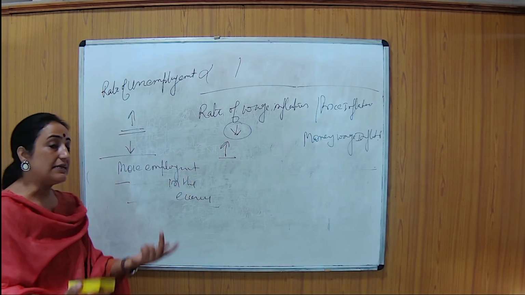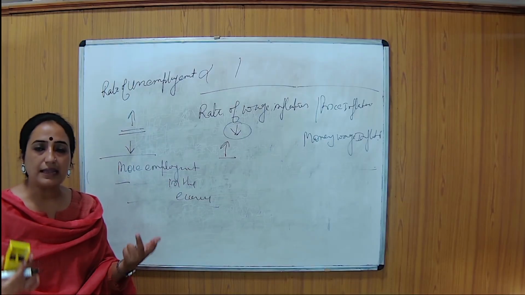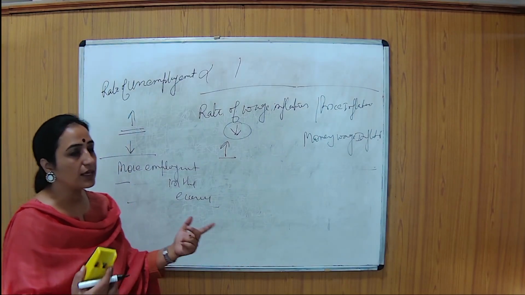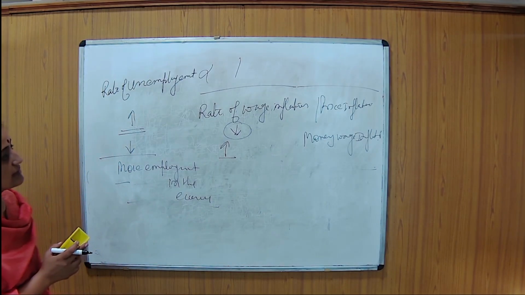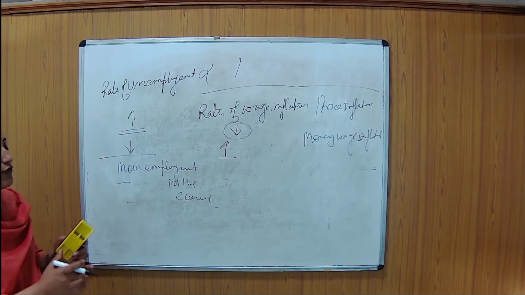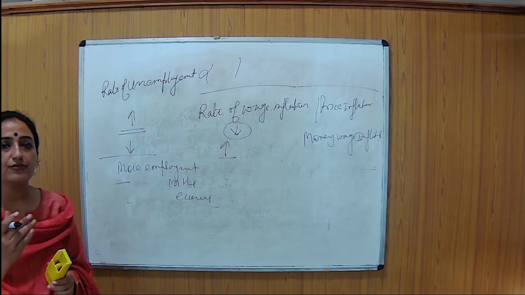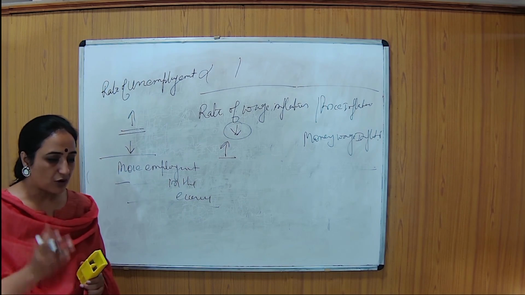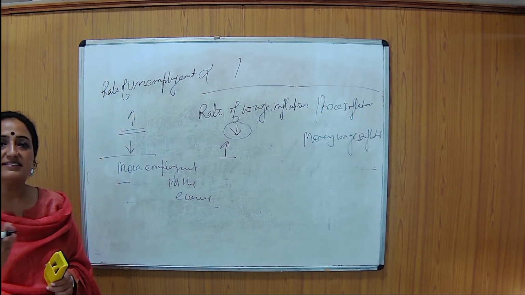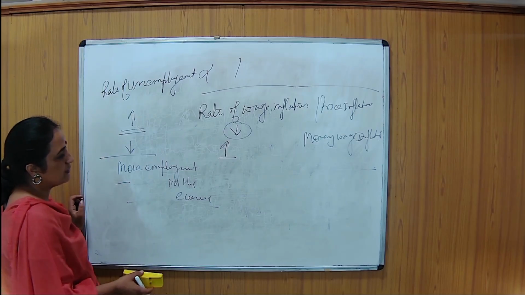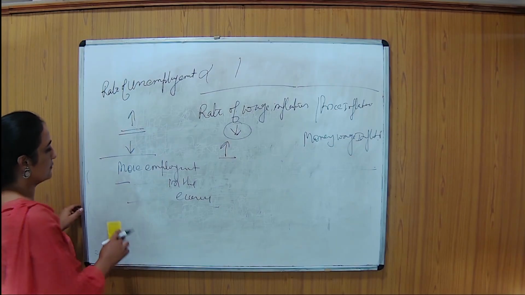Whenever there is more employment in an economy, there will be more inflation in the economy. How interesting it is. It was found by Phillips, and Phillips has two curves. The first one is the Phillips short run curve, and the second one is the Phillips long run curve. Firstly we will study the Phillips short run curve.